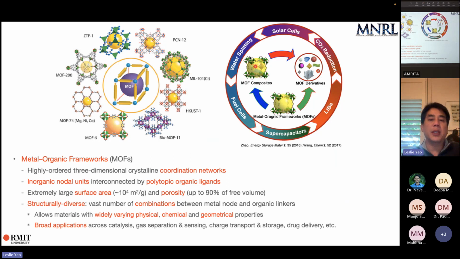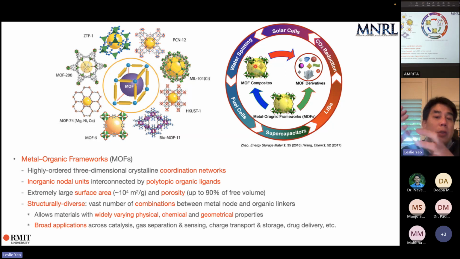So metal organic frameworks are these crystalline coordination networks of metal centers joined with these organic ligands. And the interesting thing about them is that you've got these building blocks that you can build up into 3D crystals that have a very large surface area and porosity, and that's why they're so hot at the moment.